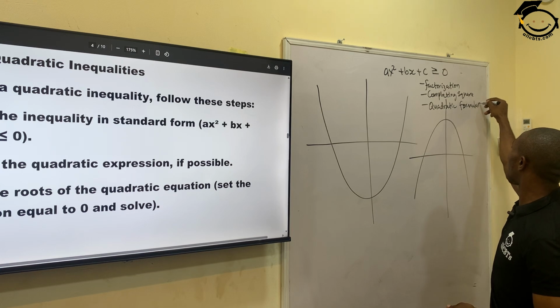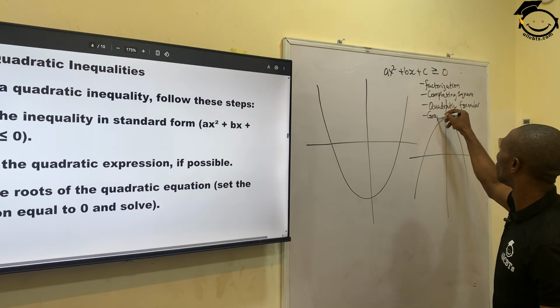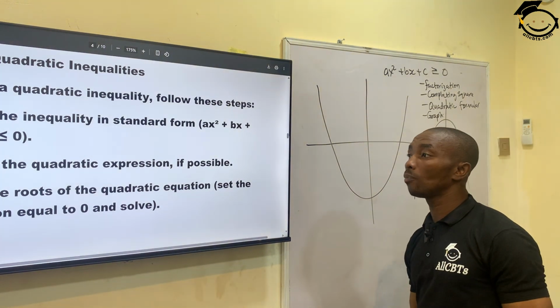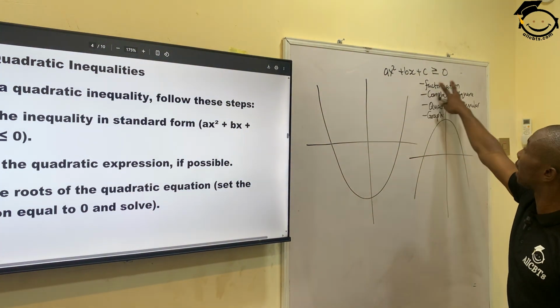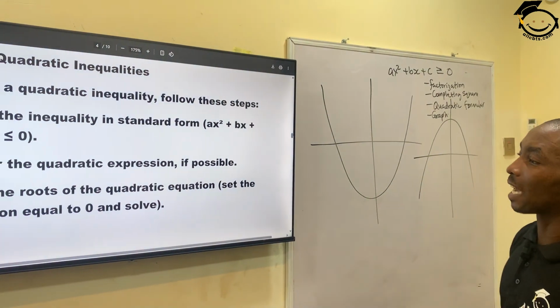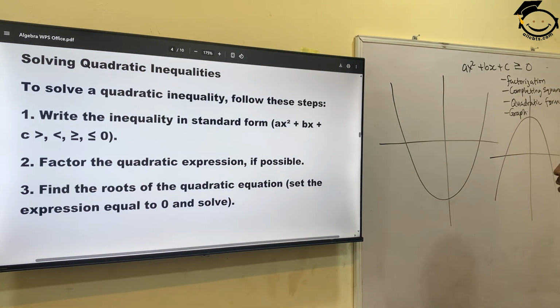Now the fourth part is your graph method. Now this way, when you factor out your factors, the roots of your quadratic equation are set equal to 0.